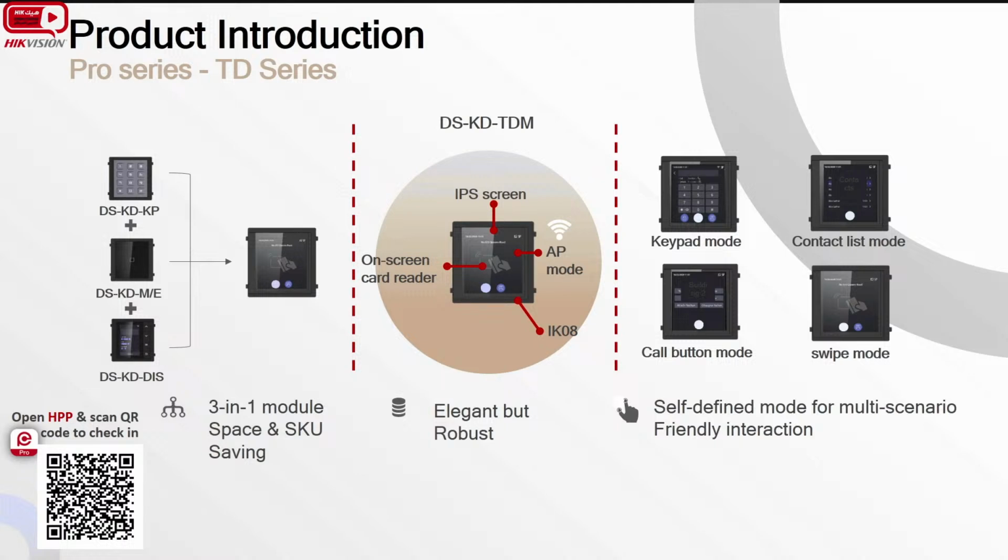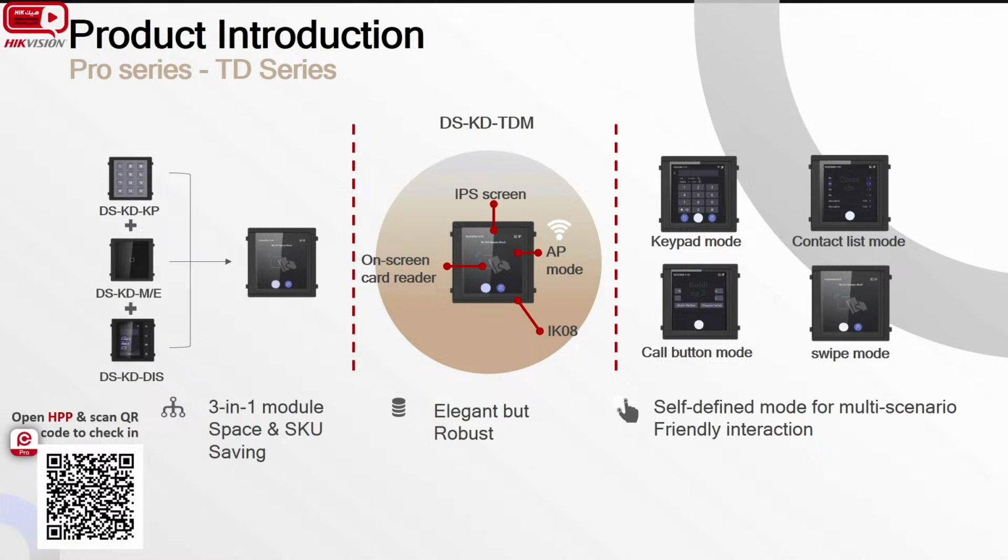So these 3 have been combined inside this one module. We call it the TDM. We have the TDM, we have the TDE. The difference is between the TDM and TDE. So about M and E, what do you think? What may be the reason for the difference? Yeah. For the M, we think of the Wi-Fi card. And for the E, we think of the EM card.